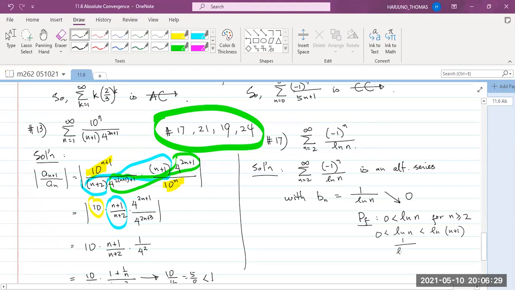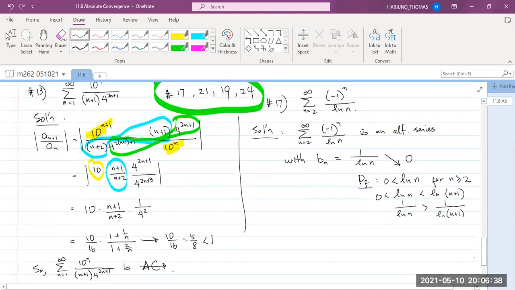Therefore, the reciprocal reverses the inequality. And of course, 1 over ln n converges to 0. So I proved two things: it is decreasing, and second, it converges to 0. By the alternating series test, this series is convergent.